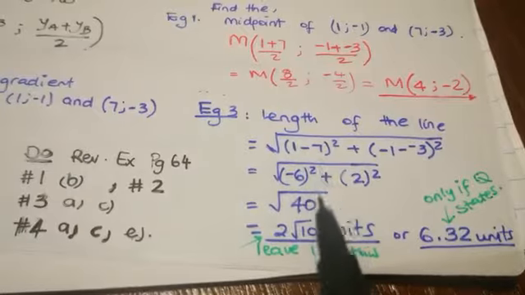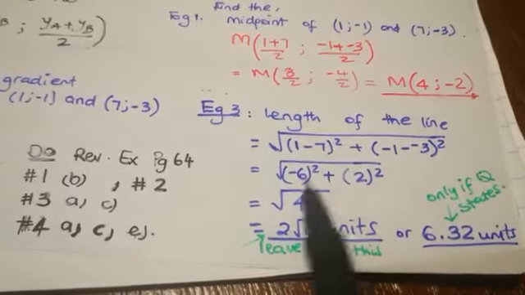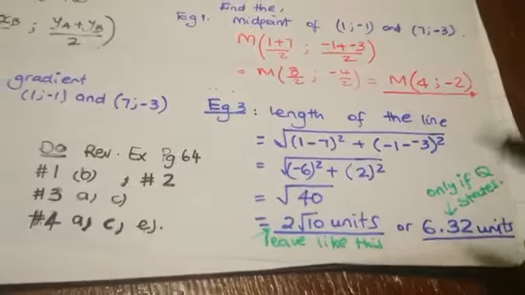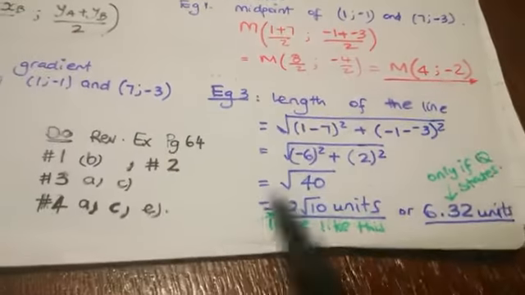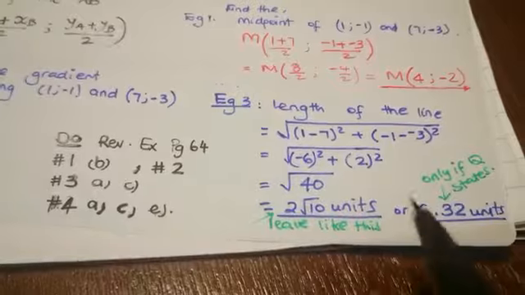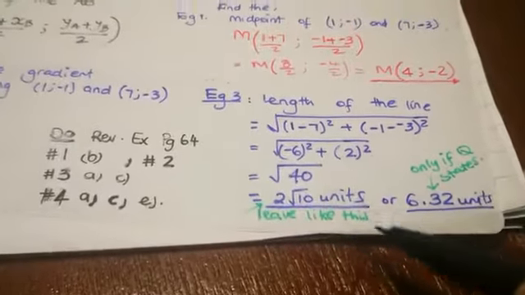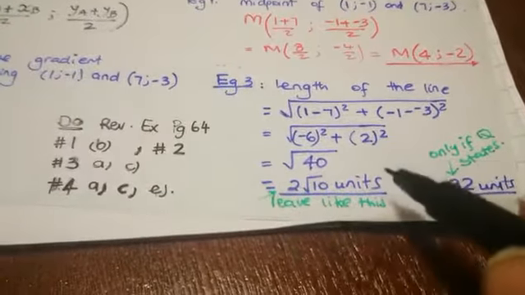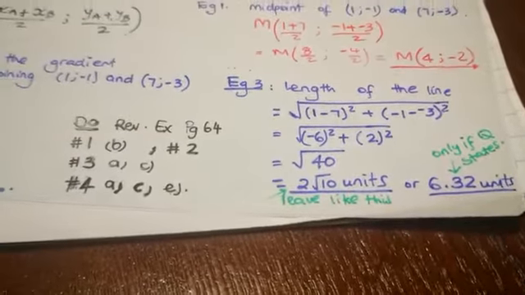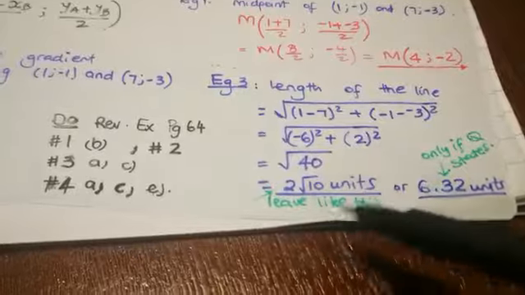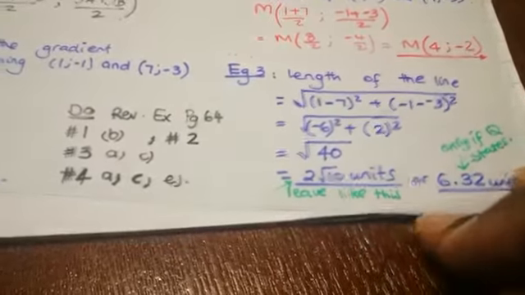Don't show the two intermediate steps, because sometimes you make mistakes, don't use brackets, and it messes up your answer. So substitute and go straight to your answer. You leave your answer in surd form unless the question states otherwise, then you can simplify to 2 decimal places. It is always safe to leave your answers in surd form.